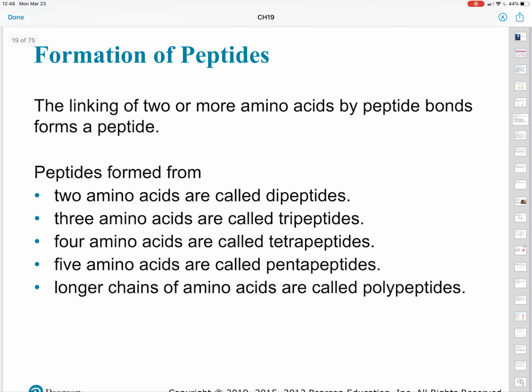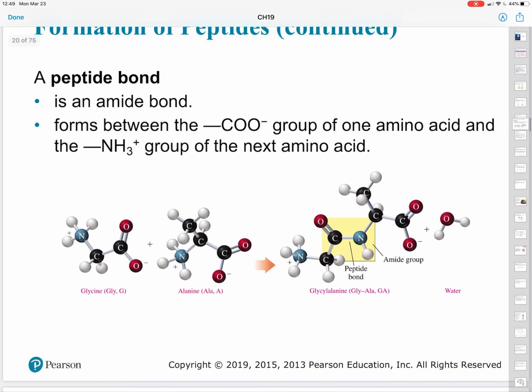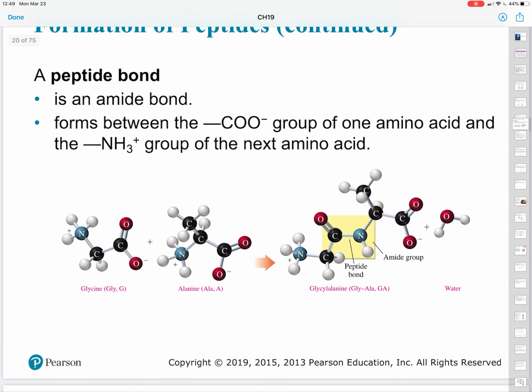Two is a dipeptide. Three, a tripeptide. That goes on like a trend. We can call them polypeptides for short. So again, peptide bond is the special name for the amide bond formed between amino acids.